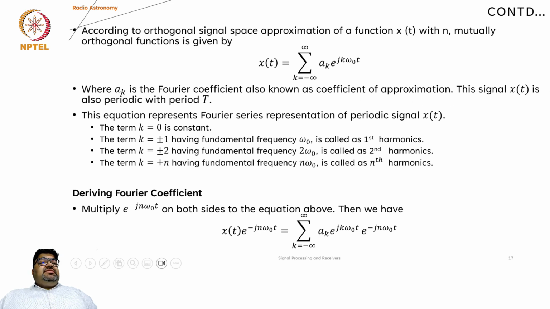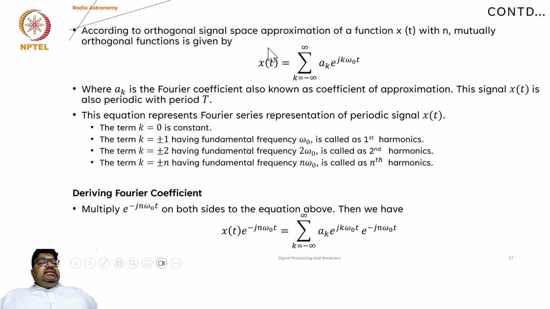The signal x(t) is also periodic with time period capital T. This equation represents the Fourier series representation of periodic signal x(t). The term k equal to 0 is a constant; plus minus 1, having fundamental frequency omega naught, is called the first harmonic; plus minus 2, having twice omega naught, is the second harmonic, and so on. So the nth harmonic is k equal to plus minus n.